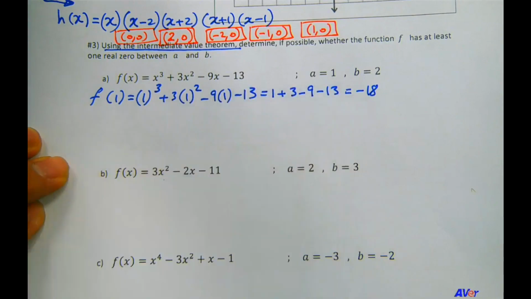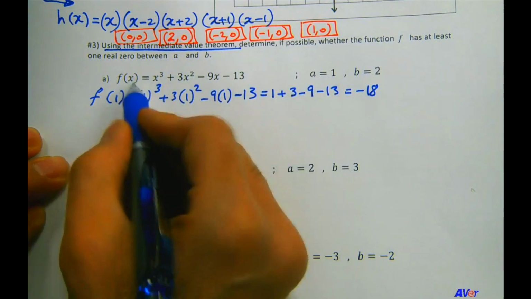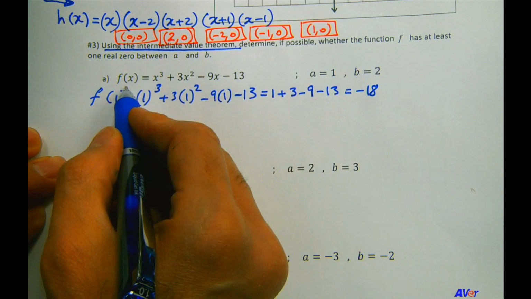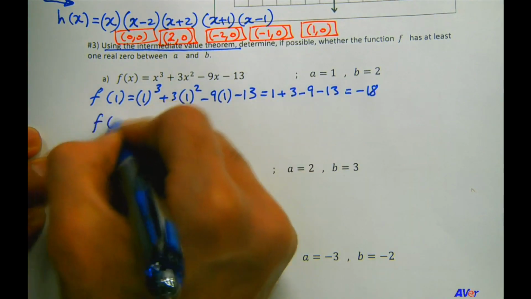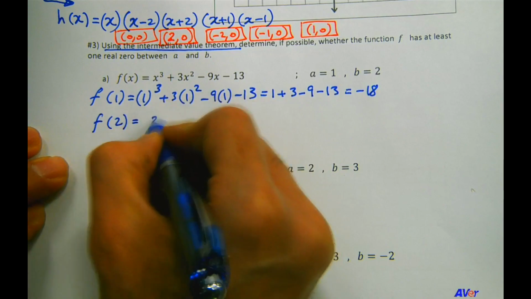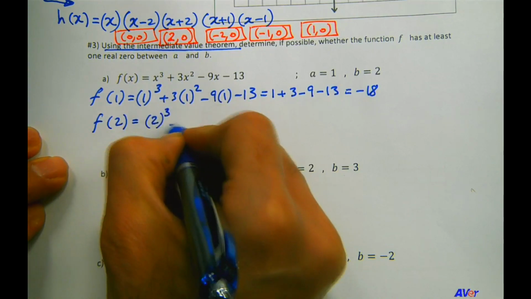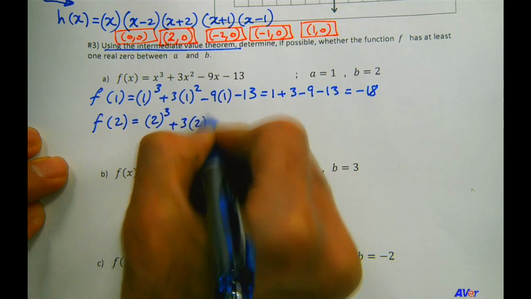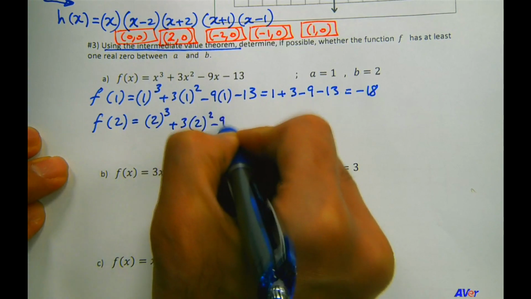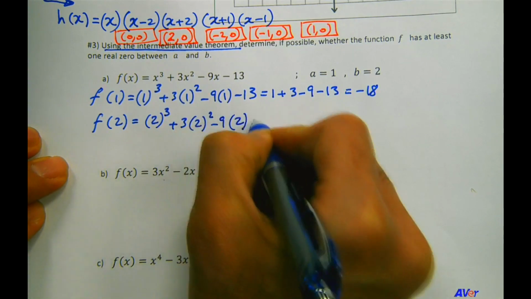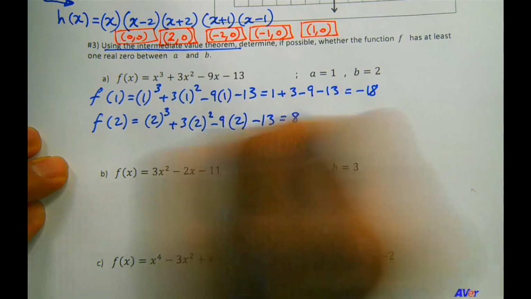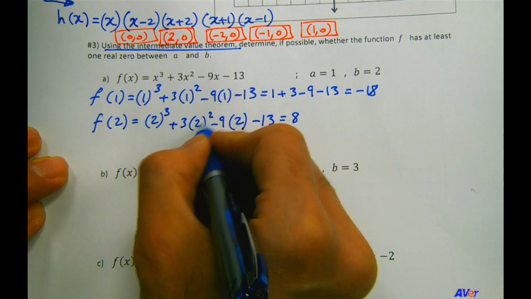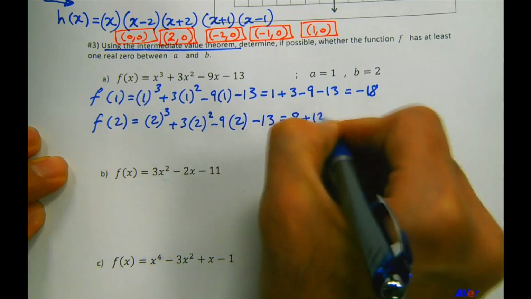It was negative. Let's see what algebraic sign we will have for the function at 2. So the function at 2, we will have 2 cubed plus 3 times 2 squared minus 9 times 2 minus 13. So 2 cubed is 8. 2 squared is 4. 4 times 3 is 12.